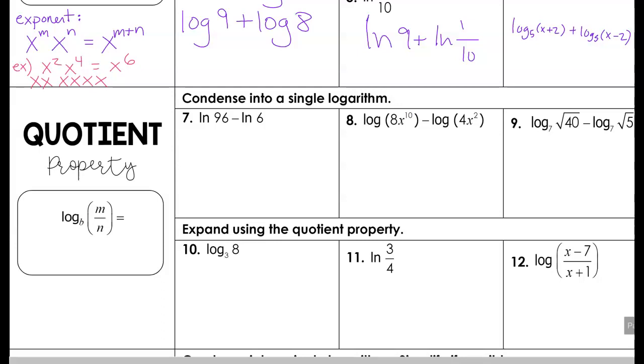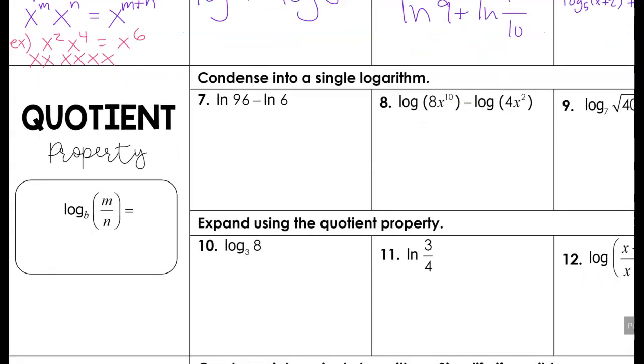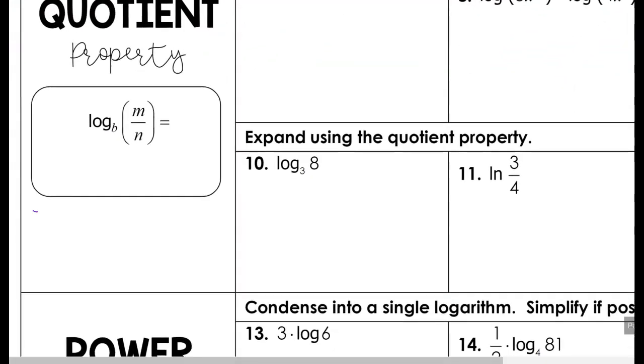Okay, next property. I'm going to probably go over 2 properties at once right now, just so that we can make sure we finish on time. The quotient property first, just like before, we're going to look at what this property looks like with exponentials.